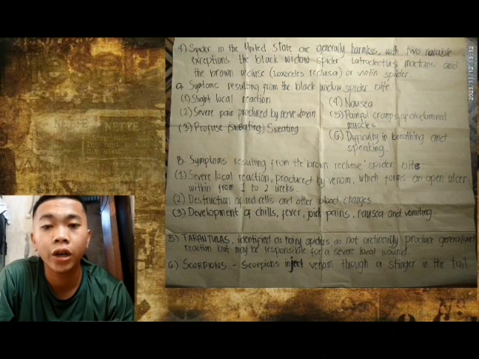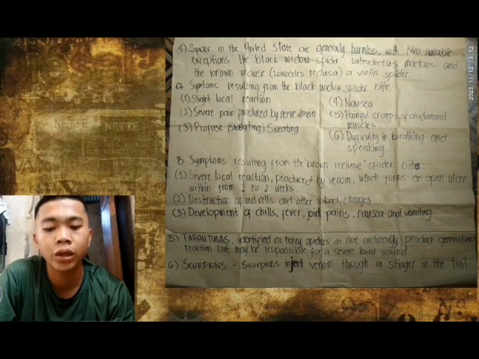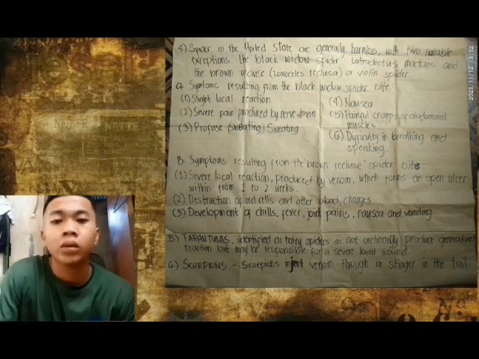We have here the symptoms of black widow spider bites. First, slight local reaction, severe pain produced by toxin, profuse sweating, nausea, painful cramps of the abdominal muscles, and difficulty in breathing and speaking.